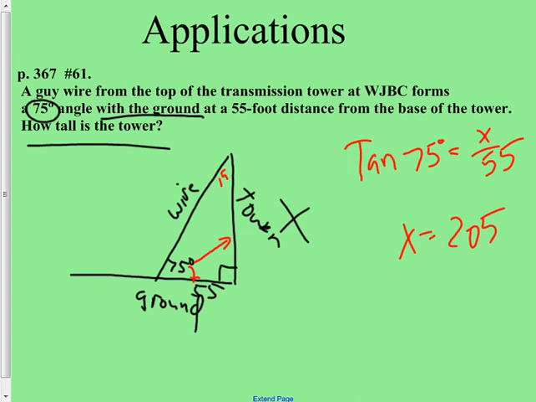About 205 feet. Now, does that make sense for a tower? It's pretty tall, but it seems somewhat reasonable. And if this is 55 feet out from the base of the tower, that seems reasonable that could be 200 feet. So, yeah, that sounds about right. Just double check your answers to make sure they make sense.